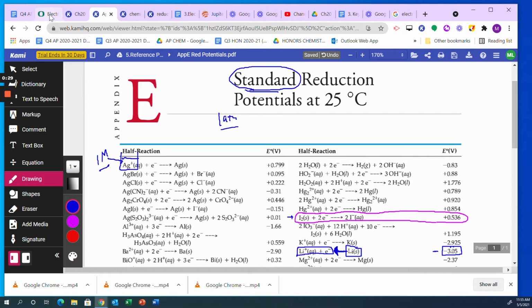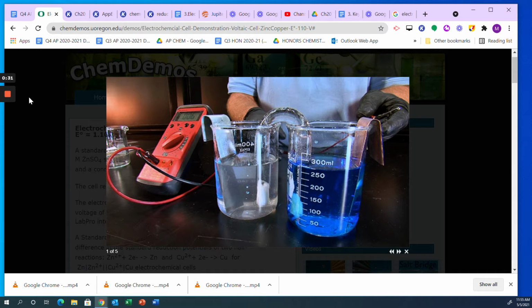Now, when we did the lab, this is an example of the lab setup. If this solution right here is exactly 1 molar copper 2+, and this is 1 molar zinc 2+, the potential here is what you would get by using the charts.